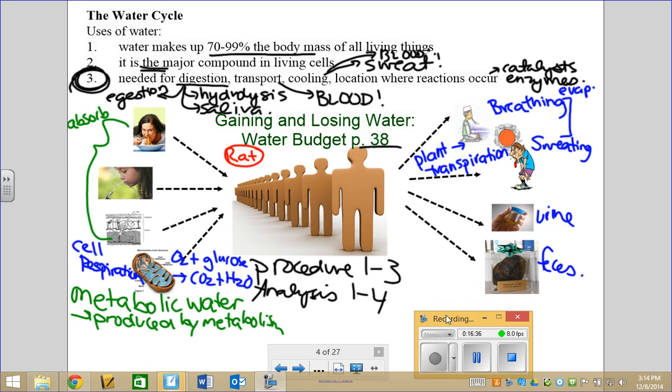And so any organism that lives in a similar kind of environment, so think of something that lives in a sandy area that doesn't take in much water, it would have, just like an Ord's kangaroo rat, a water budget that's similar to it. So if I was going to ask you about this on a quiz or on a test, I might not use a kangaroo rat, I might use a different organism.